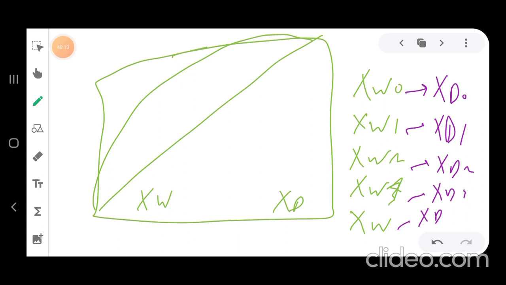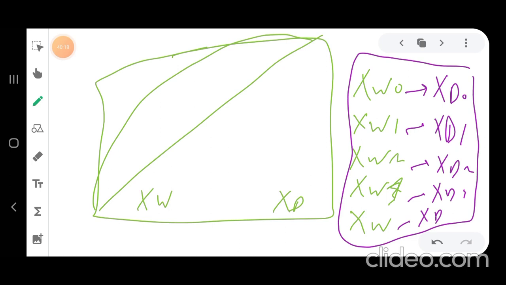Okay, so these all you can read from the figure using the given number of stages.